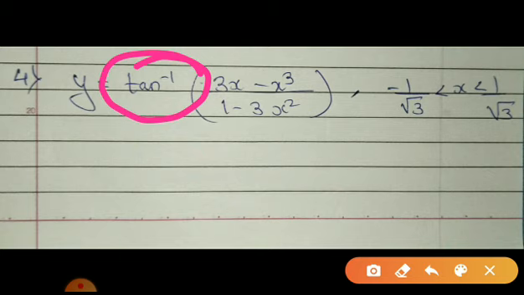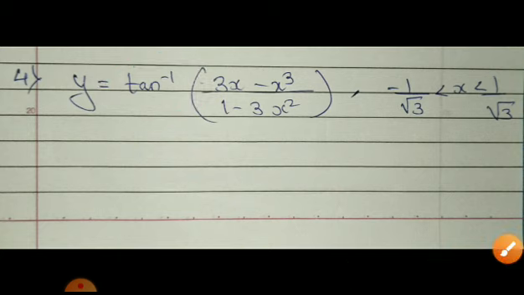If I am writing this, then you have to check whether I can write tan inverse in terms of tan, or whether I can write tan inverse in terms of the complementary ratios. Sine's complementary is cos, vice versa. Okay, again tan's complementary is cot, and for cosec it is sec.